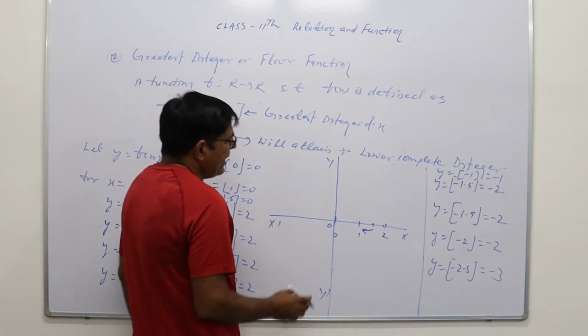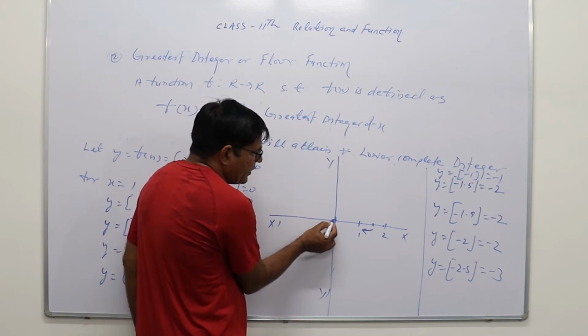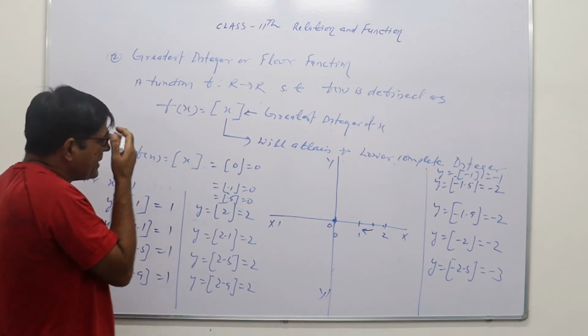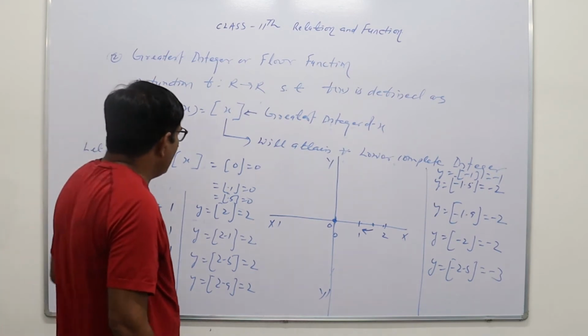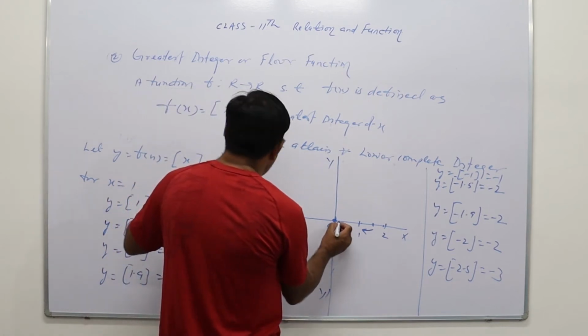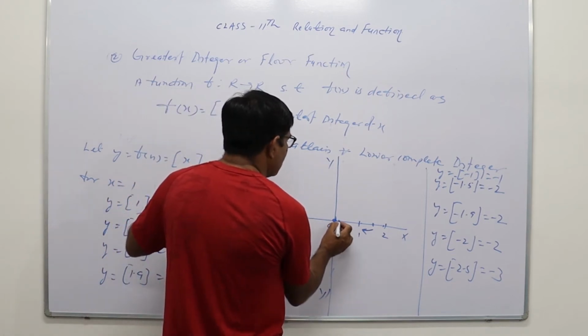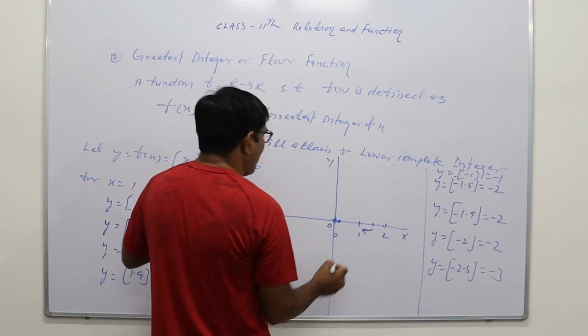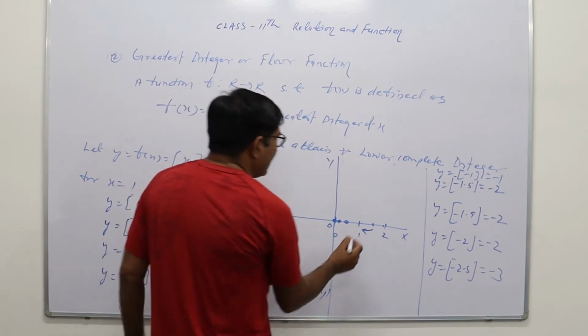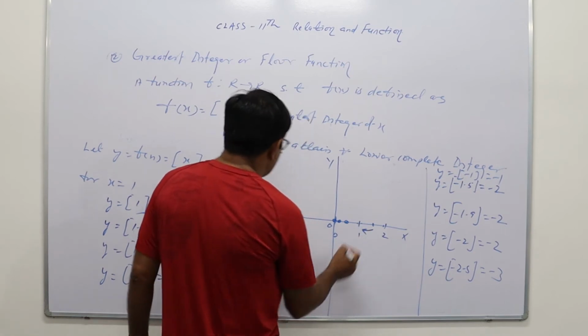So if we take x equal to 0, then y will also be 0. If x equals 0.1, then y will also be 0. Then x equals 0.5, then y will also be 0. And at 0.9, then y will also be 0.